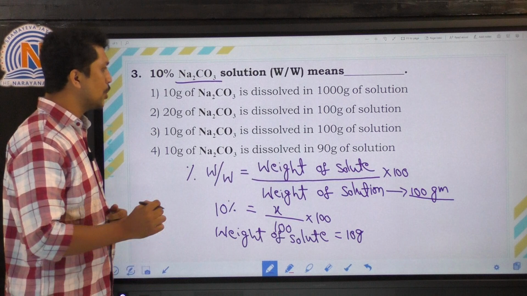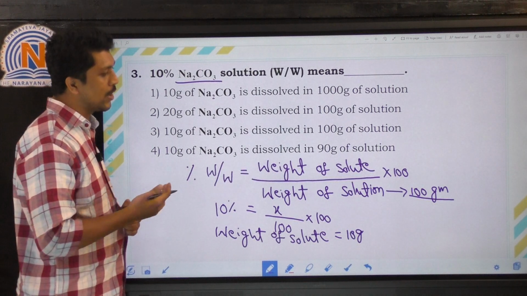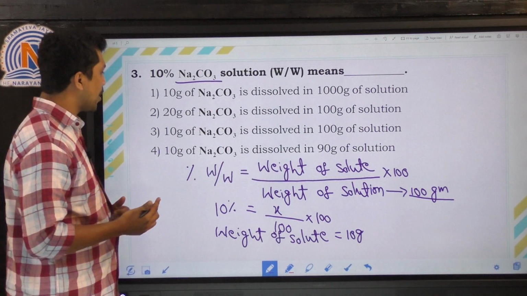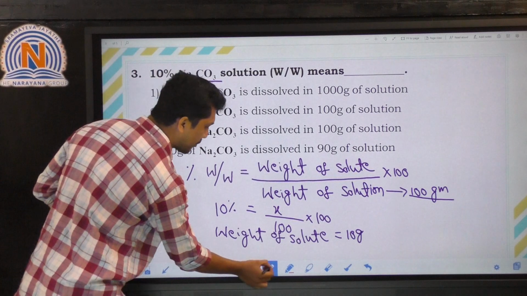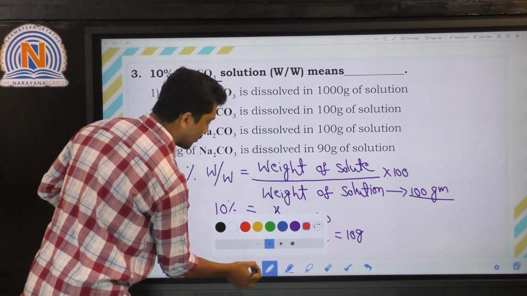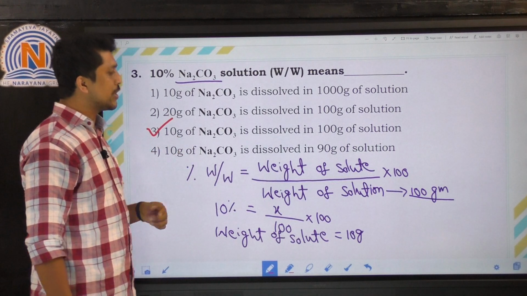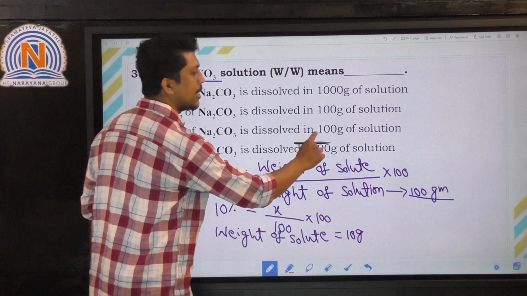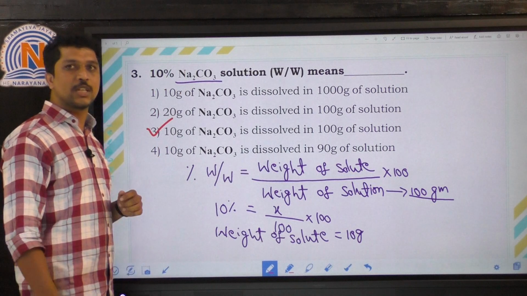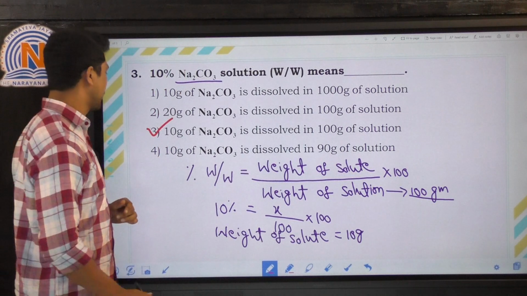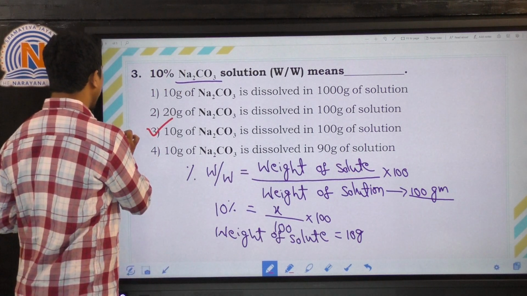What is the solution here? Here we can take water. So the correct option is the third option: 10 grams of Na2CO3 is dissolved in 100 grams of solution. So this is the correct option.